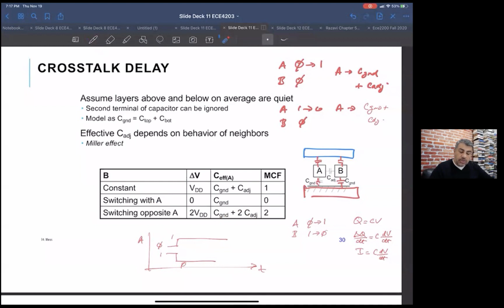Okay, and the nice case would be if A and B are both shifting in the same direction, then you don't see the adjacent capacitance at all, which is kind of nice. But basically it tells you that this interwire capacitance can actually cause additional delays, and maybe significant additional delays depending on the condition of your bus.